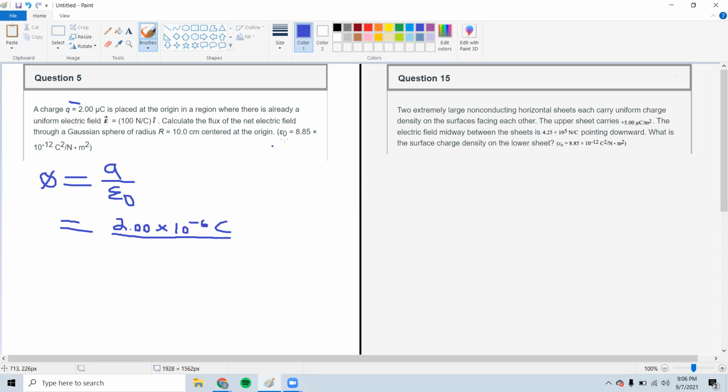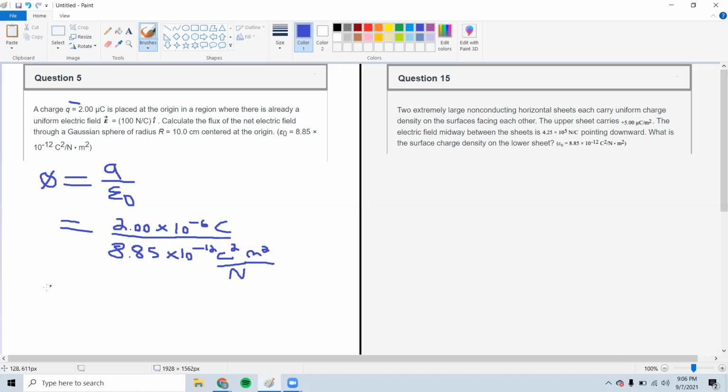And then we're going to divide that by the electric constant, which is 8.85 times 10 to the power of negative 12 coulombs squared times m squared.